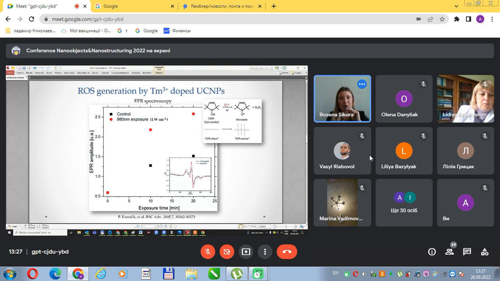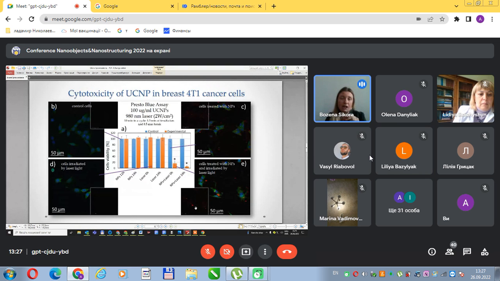And after introducing these nanoparticles into the cells, minutes of irradiation and then 0.5 minutes break.